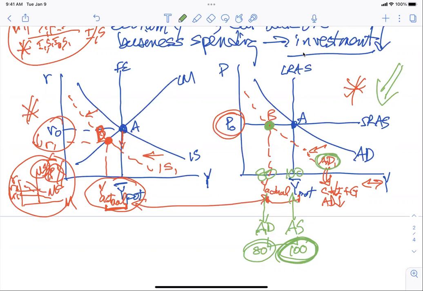The aha moment here for you is that if all three lines are not crossing at the same point, that creates a situation where aggregate demand is either greater or less than aggregate supply. There's either a shortage or a surplus. And the economy responds to shortages and surpluses by prices changing.